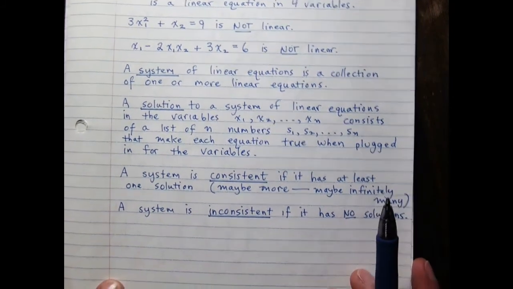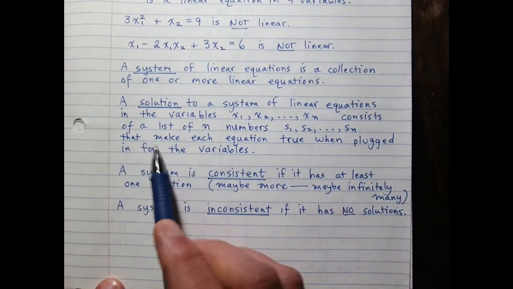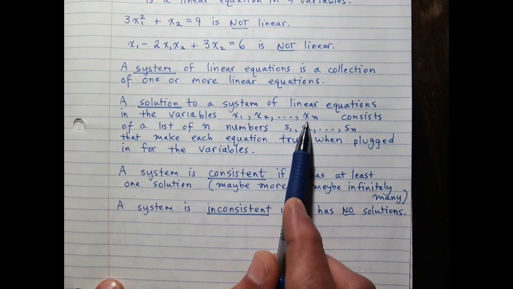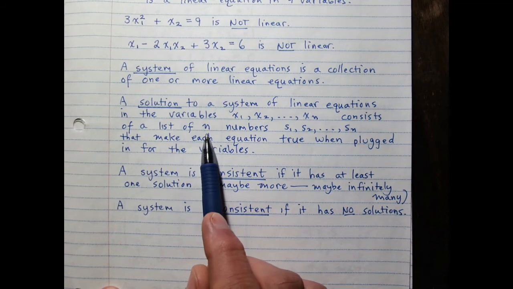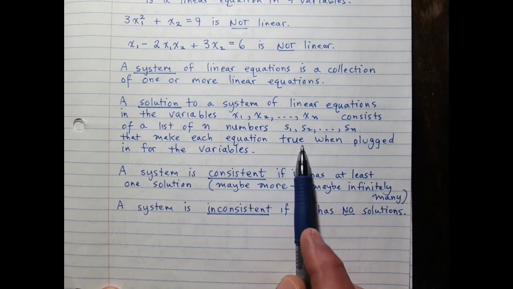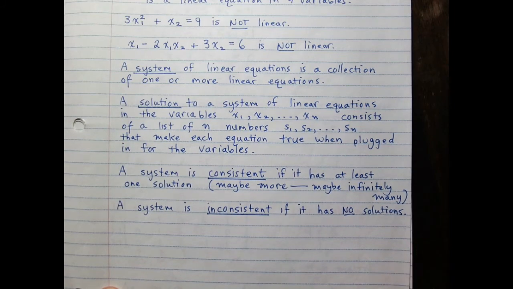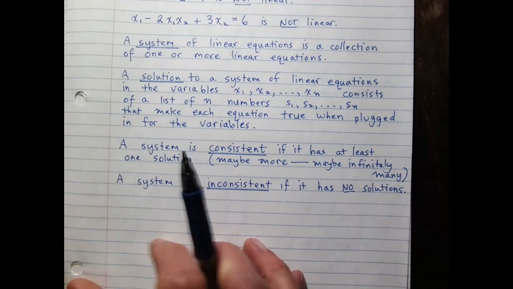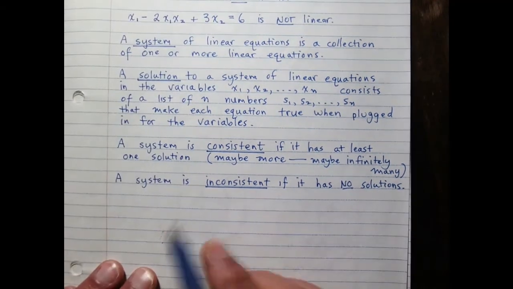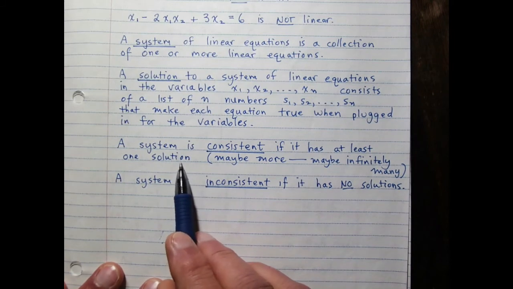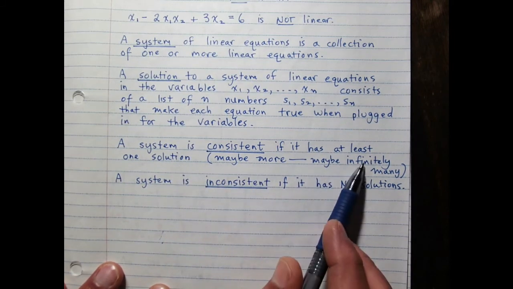A solution to a system of linear equations in the variables x1, x2 through xn consists of a list of n numbers, s1, s2 to sn, that make each equation true when plugged in for the variables. And we're going to use the following vocabulary sometimes. A system is consistent if it has at least one solution, maybe more, maybe infinitely many.